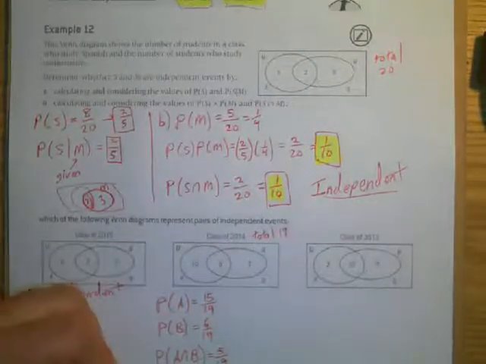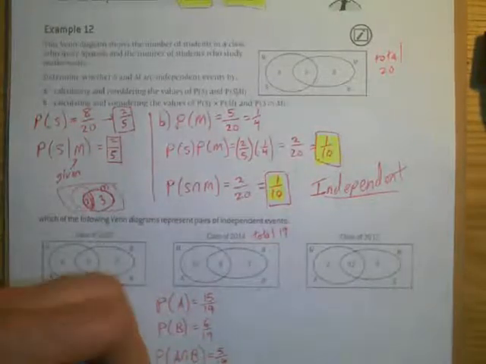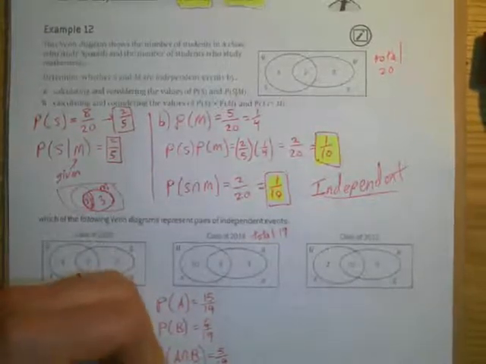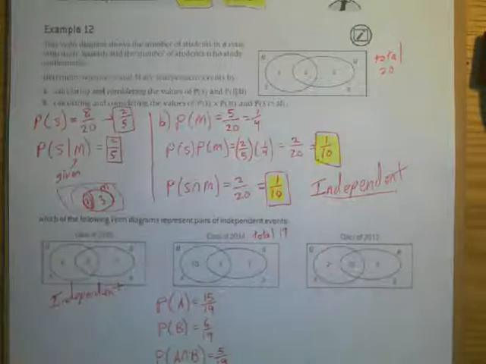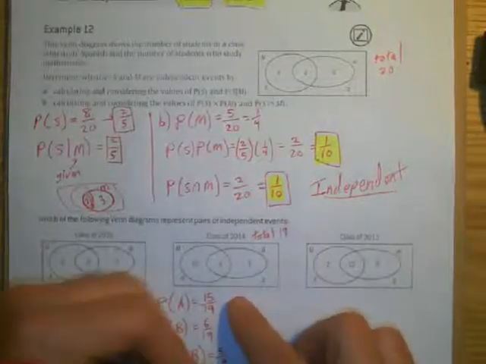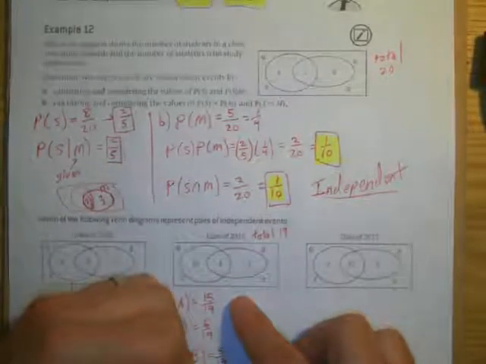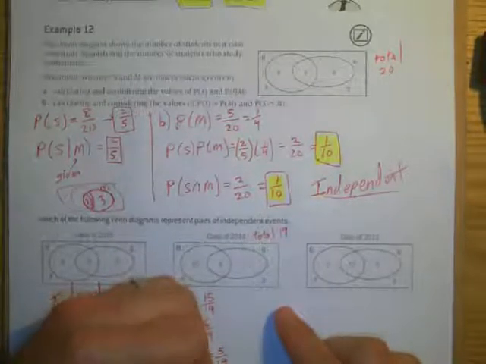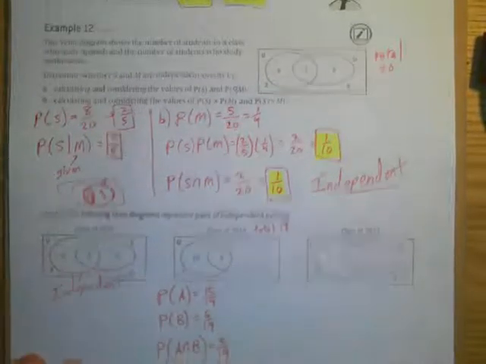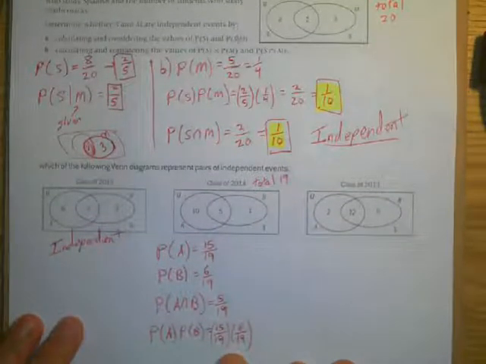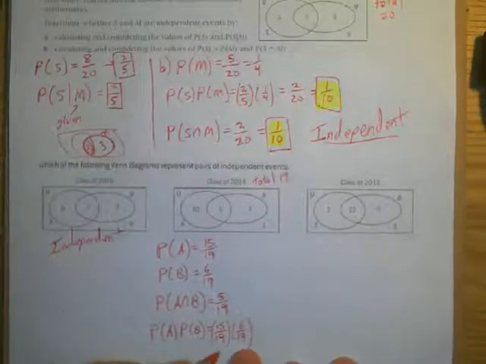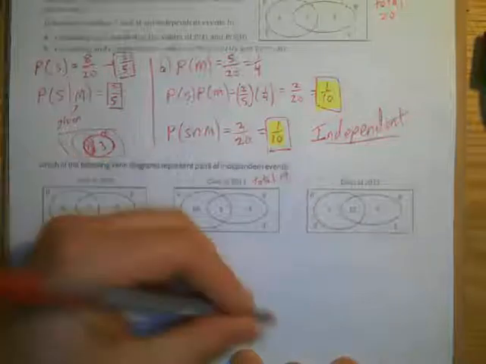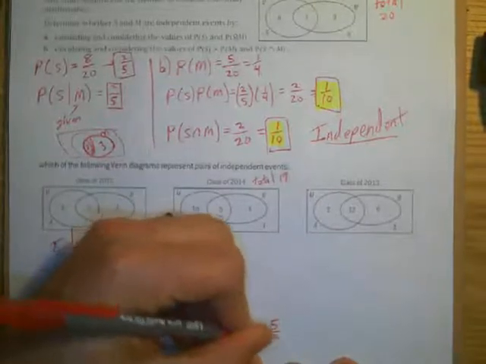What is the probability of A times the probability of B? That gives me 15 over 19 times 6 over 19. Now let's just think before we do some calculations. Is this times this going to be equal to 5 over 19?